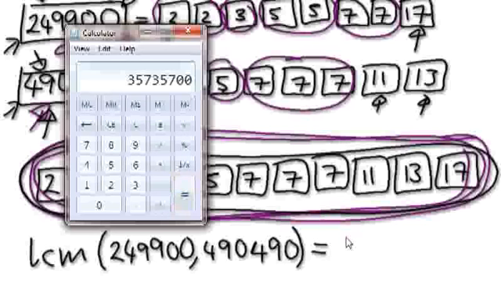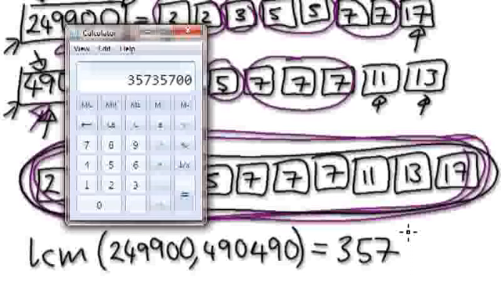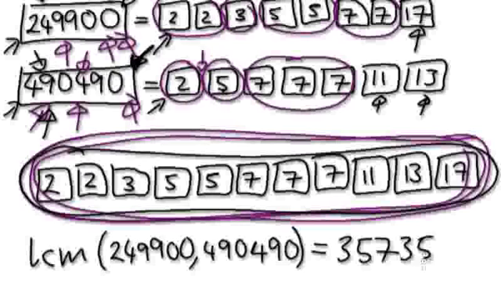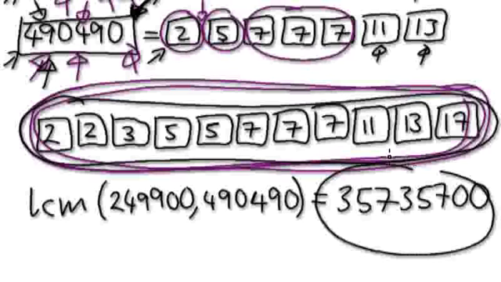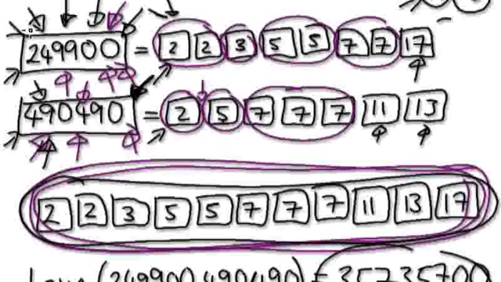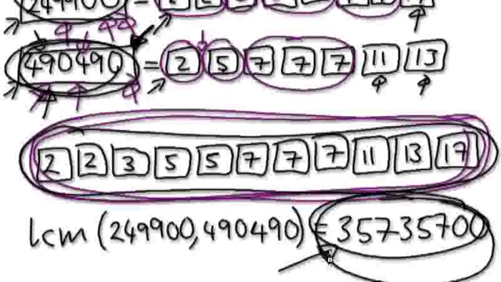This would be our lowest common multiple, 3 5 7 0 0. If you take this number and divide it by this number, it will give you a whole number. And if you divide it by the other number, it will also give you a whole number. So this number is the lowest common multiple of these two numbers. All right, that's done.